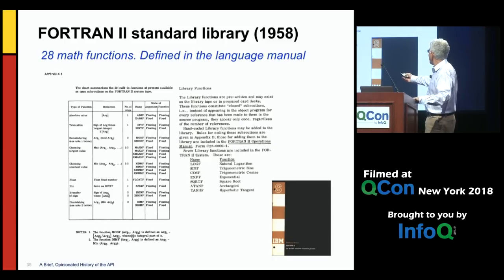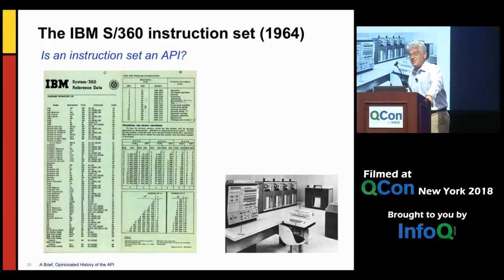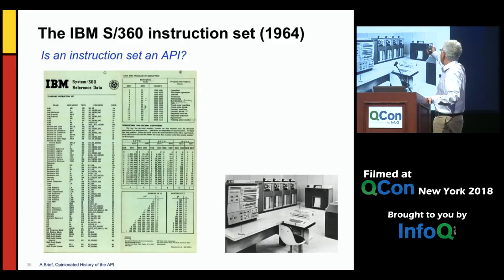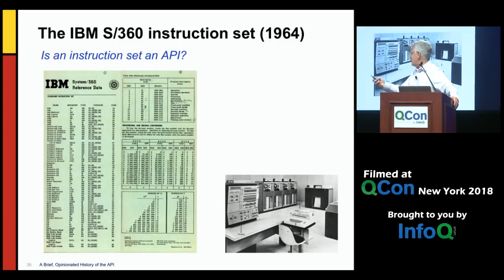Notice, by the way, that I have the API shown in this picture, and I have the underlying architecture, which is Fortran, shown in this picture. I'm going to stick to that convention for the entire whirlwind tour. Here's another thing that may be an API. The IBM S360 instruction set, which came out in 1964, and was how programmers communicated assembly language programs to the IBM computer.